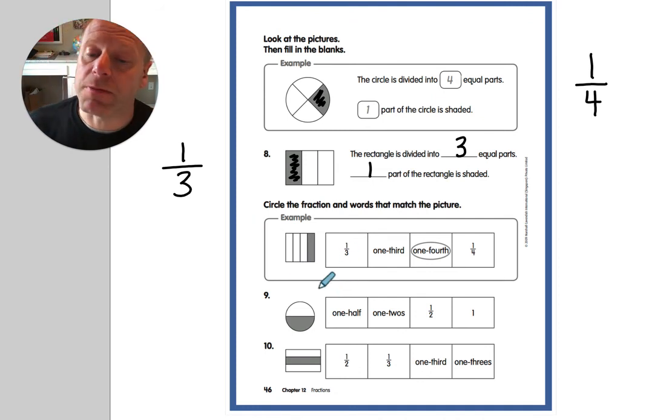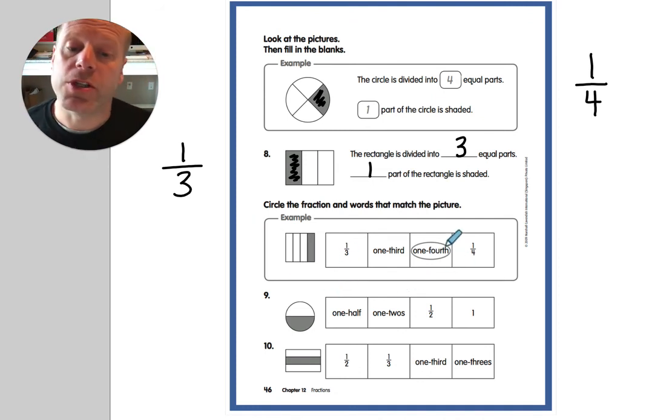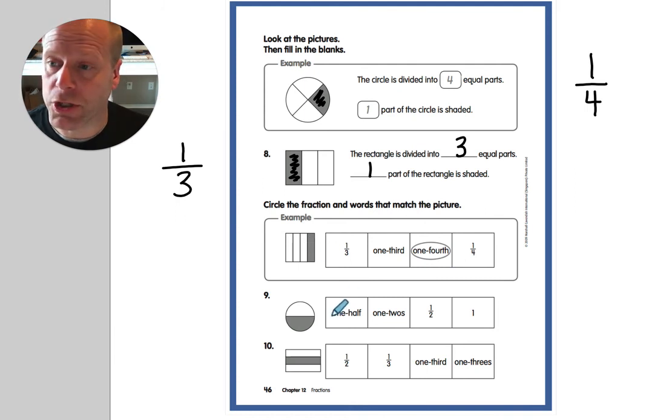Now they're going to give you some examples, and you have to circle the one that matches the picture. And it could be a fraction that they're giving you. It could be the word describing the fraction that they're giving you. So for example, this is 1 out of 4. So think about this.